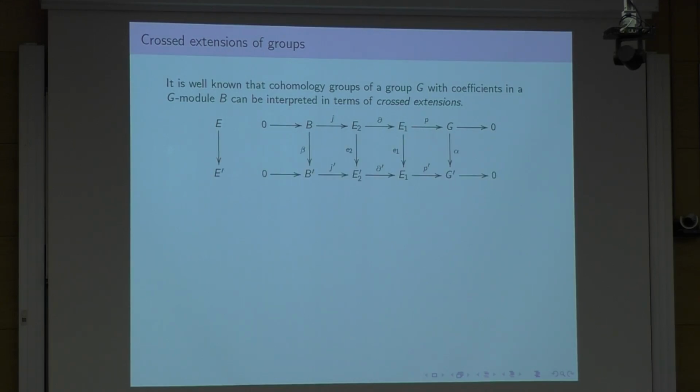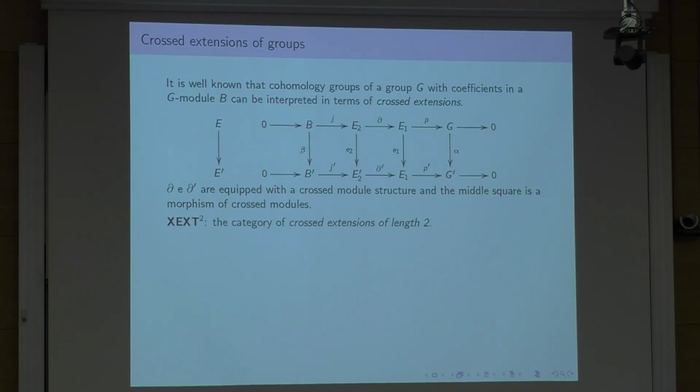And you consider a morphism as before between two crossed extensions, which is given in the middle by a morphism of crossed modules. So these are equivariant morphisms. They take into account the action. And again, we can consider the category of crossed extensions of length 2.